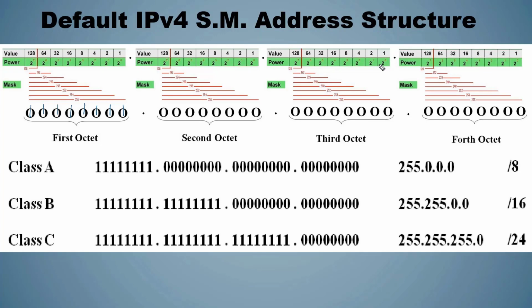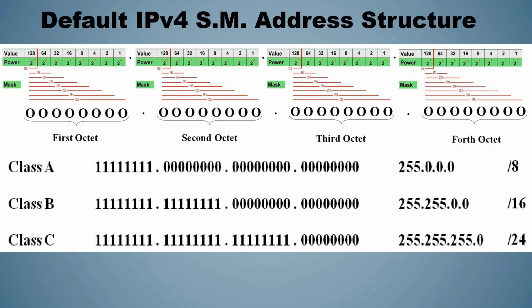Because of the binary number system, zeros and ones. On Class C, the third octet also has all the bits turned on, so the decimal value is 255. On the fourth octet, all 0, so we have a decimal value of 0. Therefore, the default subnet mask Class C gives us 255.255.255.0, and the prefix notation or CIDR notation is /24.